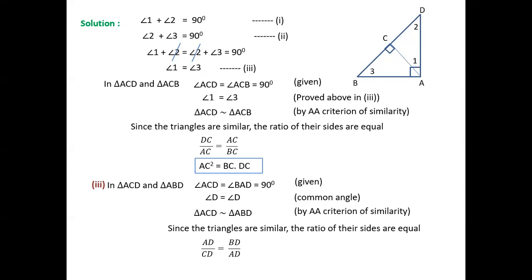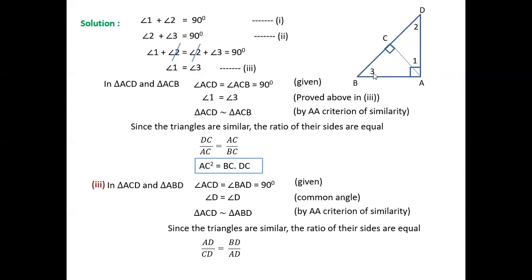Therefore, in this triangle, 90 degrees is here, the opposite is AD upon the adjacent. And in this triangle, for angle D, the opposite is ABD upon hypotenuse upon AD, adjacent.